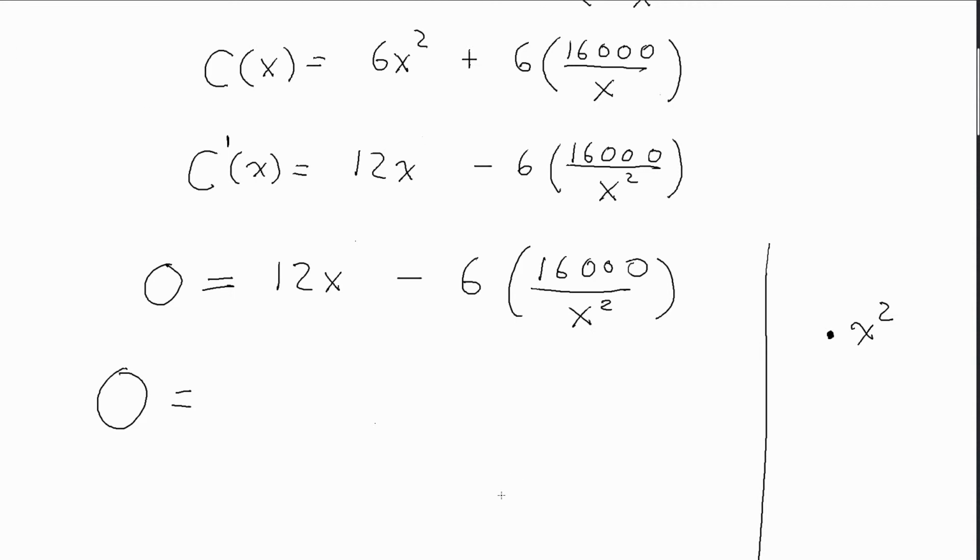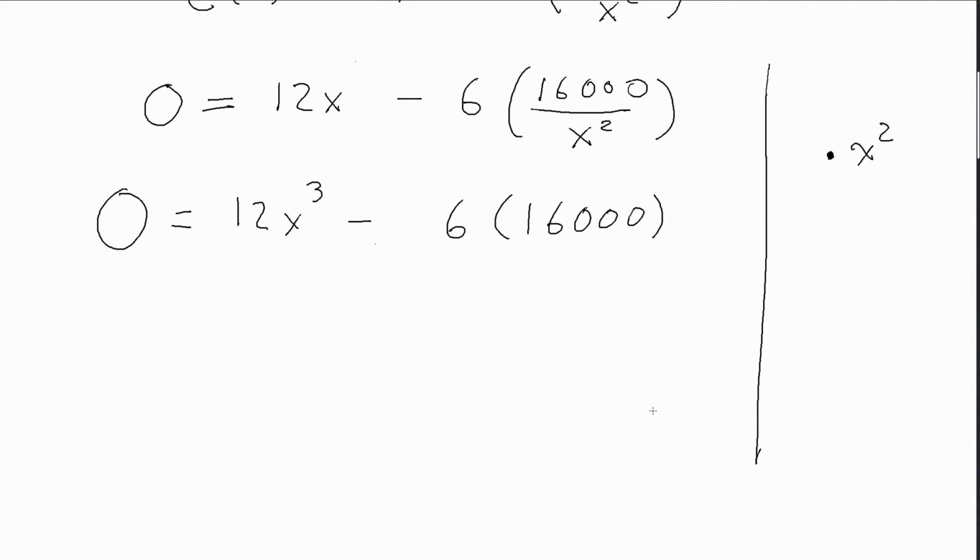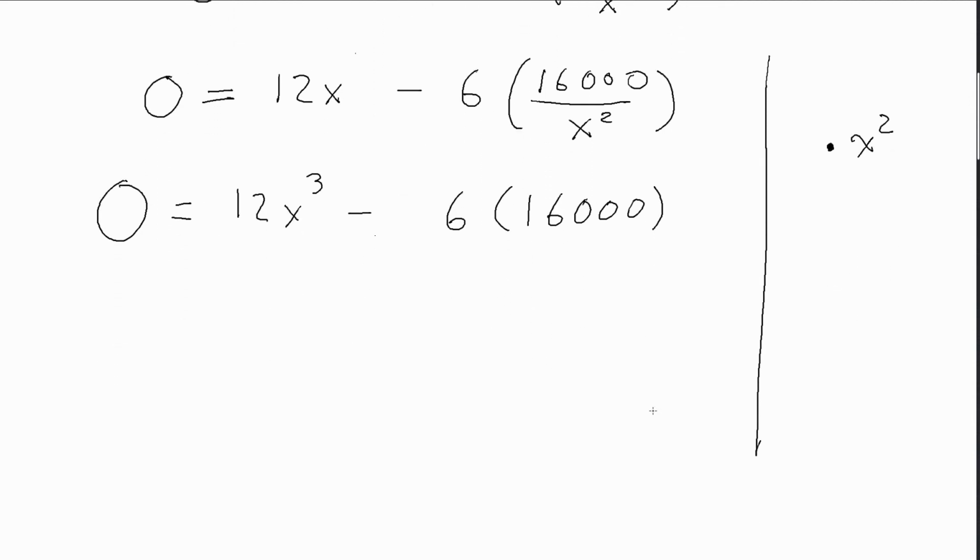All right. So then what do we get here? So we get 12x cubed minus 6 times 16,000. Okay. And now if I want to solve this, I'm going to solve for x cubed. So I'm going to subtract 12x cubed from both sides, of course. Then I get a new equation.